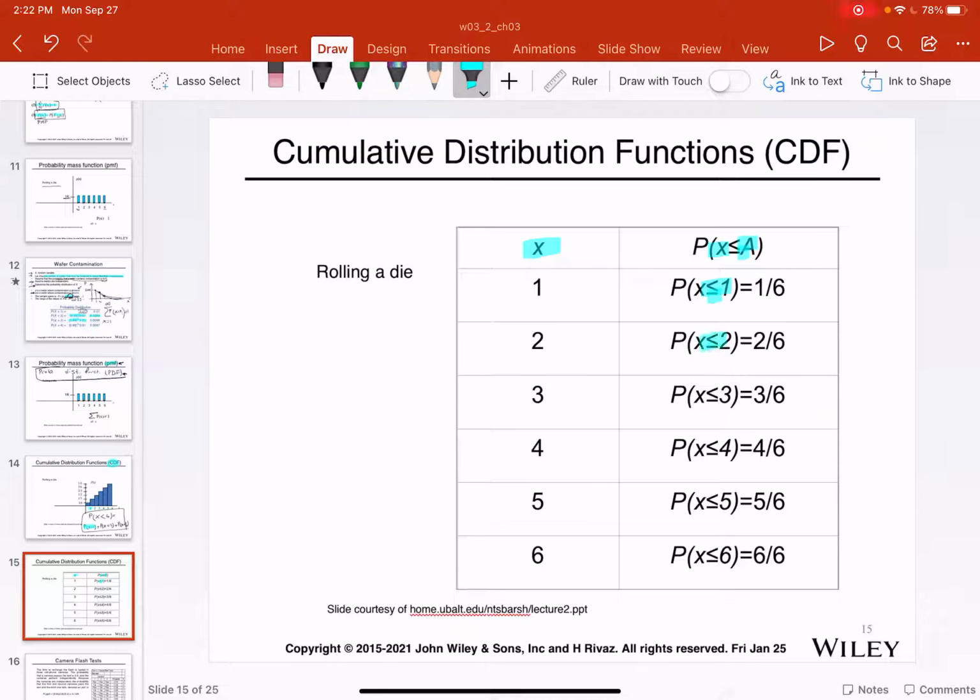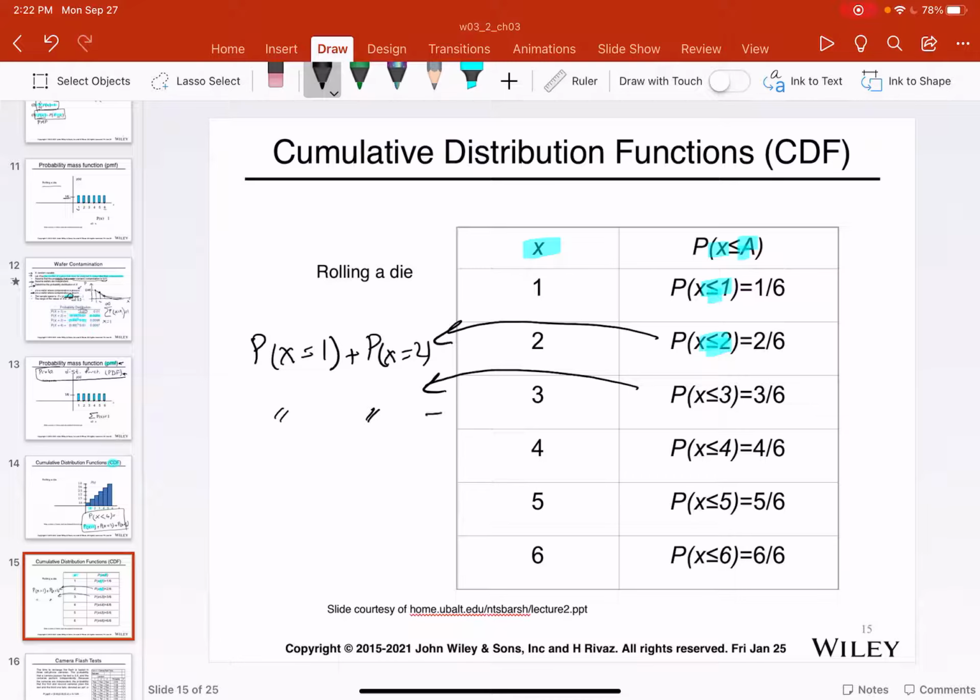For less than or equal to 2, it can be either 1 or 2, so this is going to be P of X equal to 1 plus P of X equal to 2. And this one is going to be the same thing: P of X equal to 1 plus P of X equal to 2 plus P of X equal to 3.